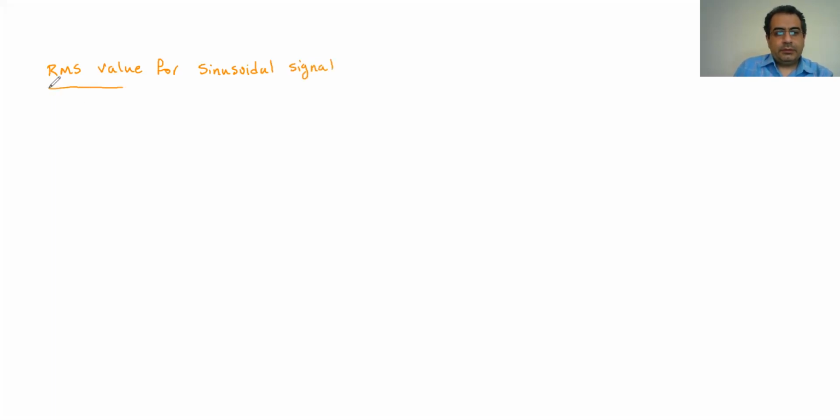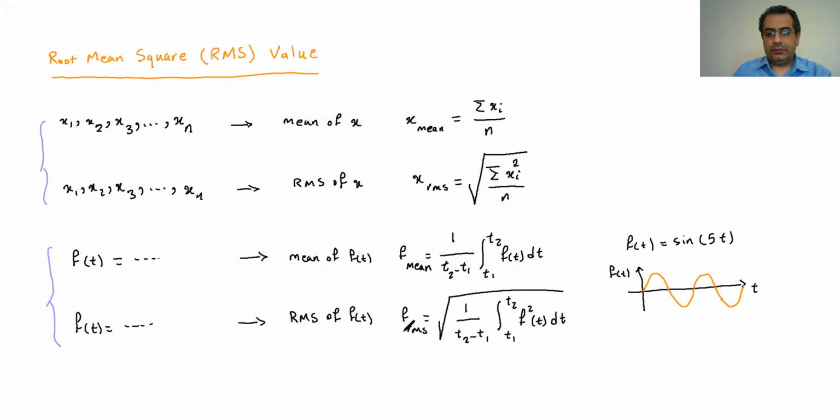is relatively much easier than what we had before. So let me go back here. I said if you have the function, this is what we are going to use to calculate the RMS.